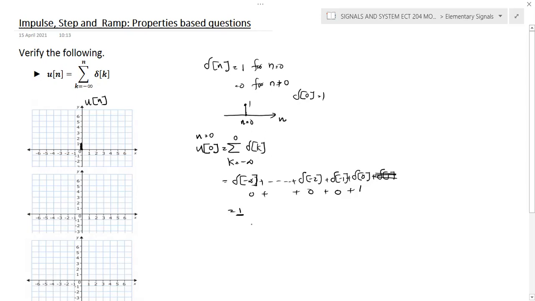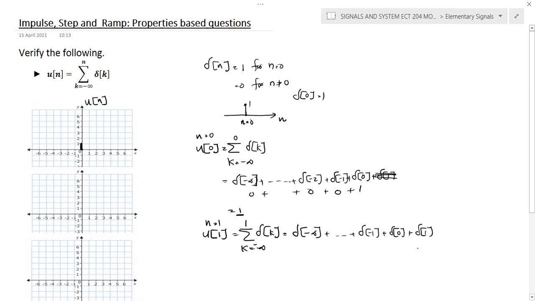Okay. Now we need to find out u of 1. That is for n is equal to 1. If n is equal to 1, your summation becomes k is equal to minus infinity to 1 del of k. And if you expand this, it becomes del of minus infinity, etc., because k is starting from minus infinity up to 1. So del of minus 1 plus etc., del of 0, and k ranges from minus infinity to 1.